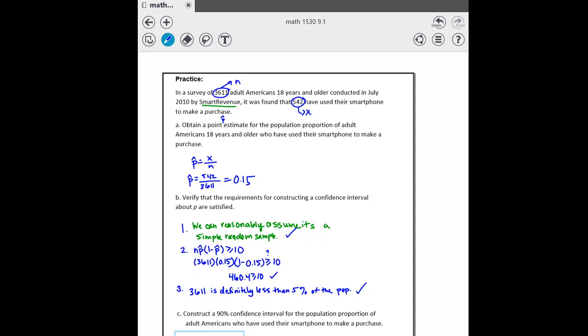Now, if you click on View Example, it's going to take you the long way. It's going to have you do it by hand, but I'm going to show you how to construct a confidence interval in StatCrunch, okay? So in StatCrunch, I'll write the steps here, and then we'll do it together.